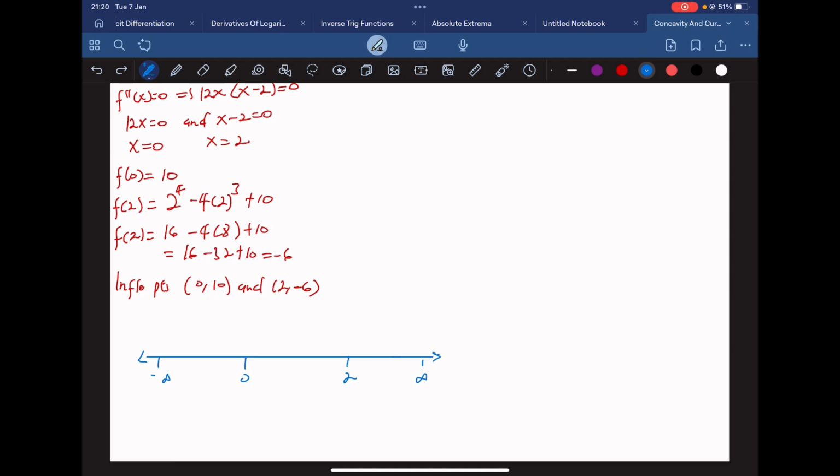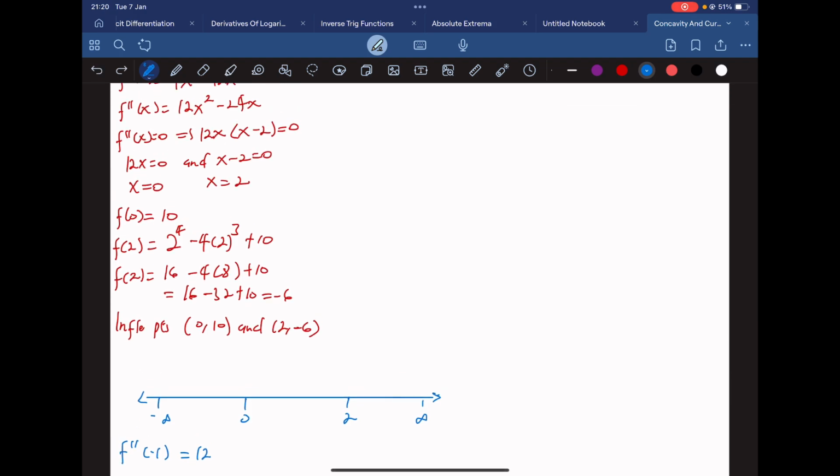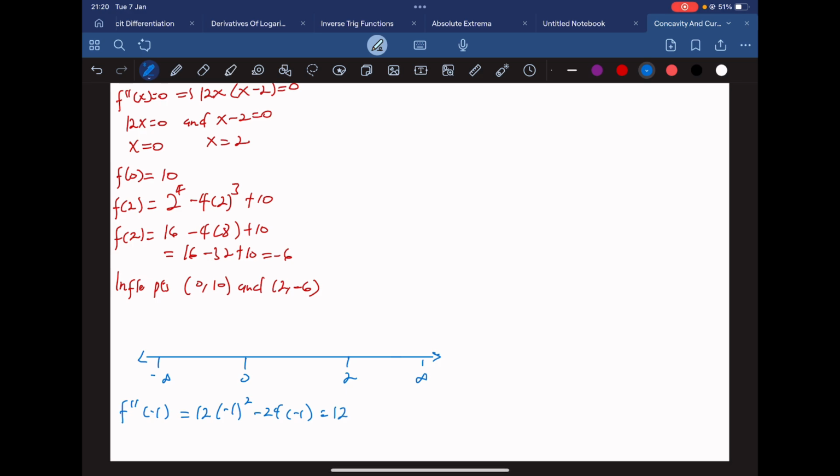So we have f double prime of negative 1, that is 12. So now we are using this. So we have 12 negative 1 squared minus 24 negative 1. So that is just 12 plus 24. So that's positive, so this goes up.